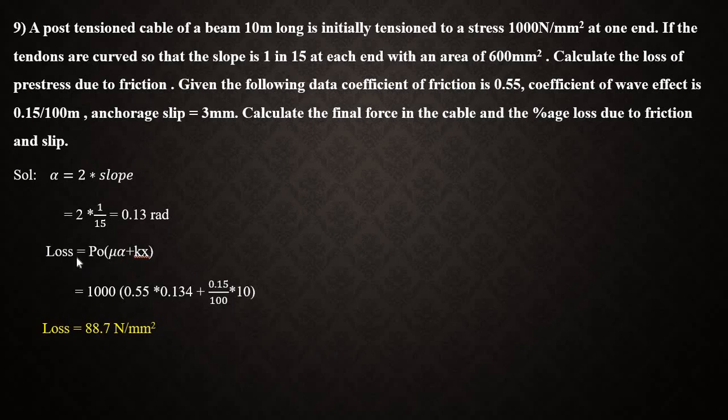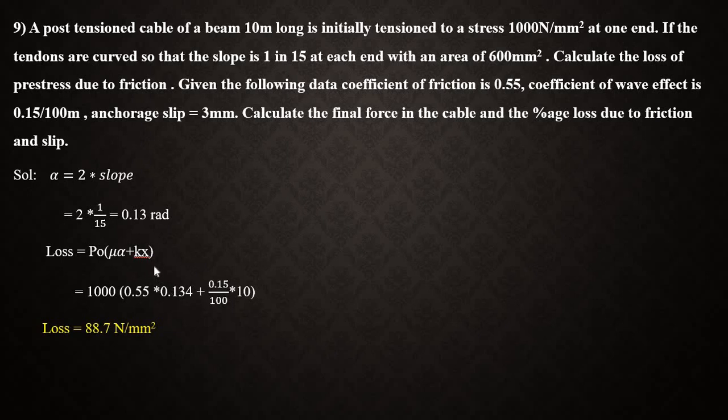Next is the formula of loss due to friction. Here we require loss, so I have taken the formula like this: loss equals P naught into mu alpha plus Kx. Substitute the values. P naught is the initial stress, 1000, into mu is 0.55, that is the coefficient of friction, and alpha is 0.13, plus Kx.